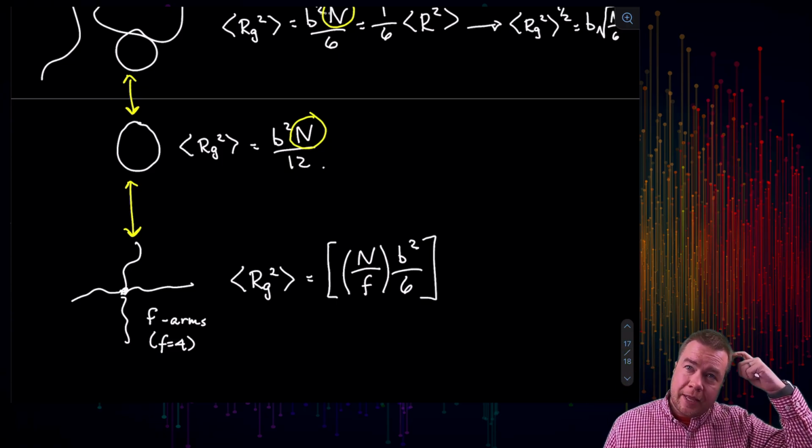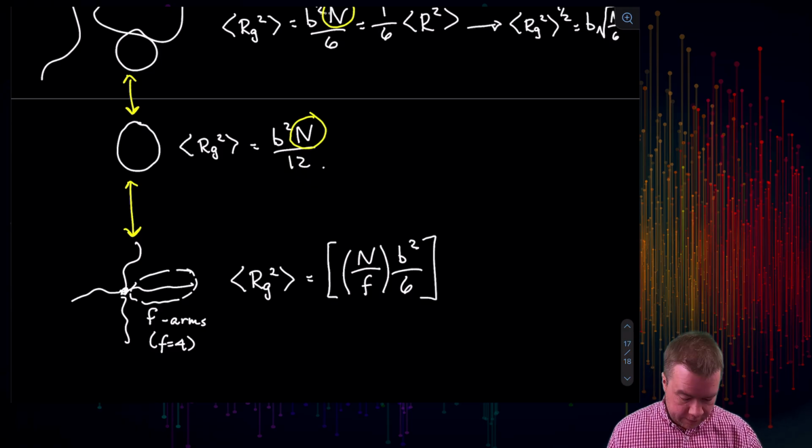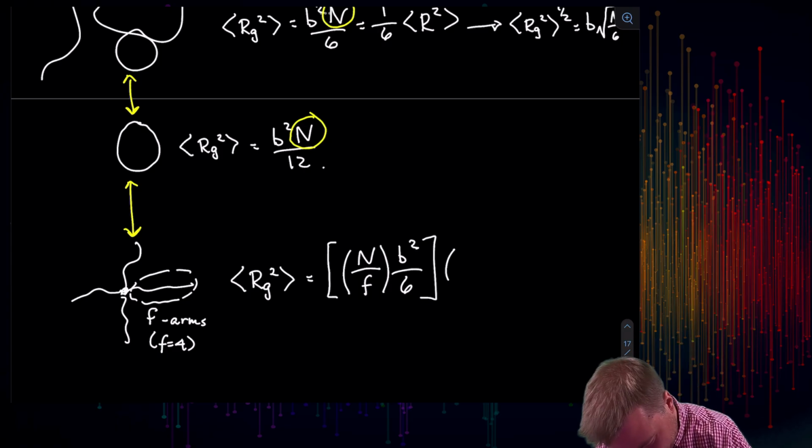Okay, so that's more or less the radius of gyration of one of these arms, because N divided by F is the degree of polymerization of just one arm. So that's what that gives you. B squared over 6, that looks the same. And then you get this other factor that comes about, 3 minus 2 divided by F.